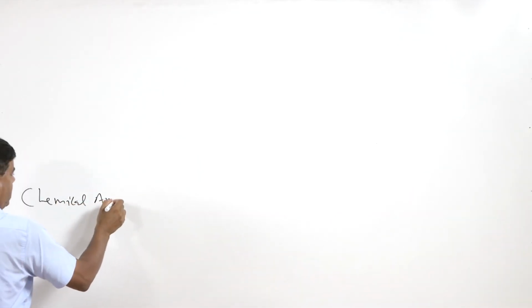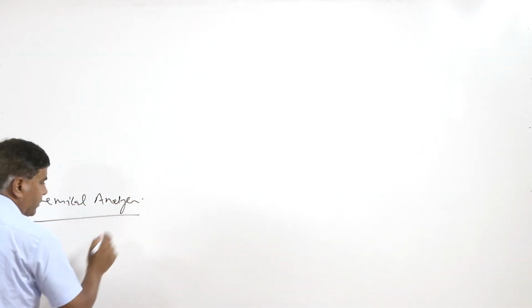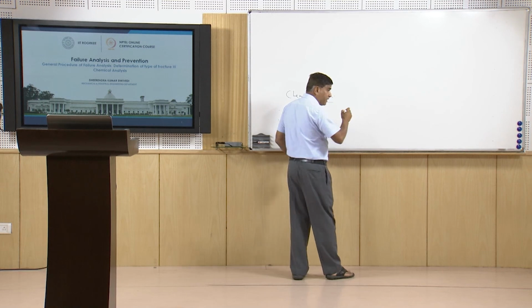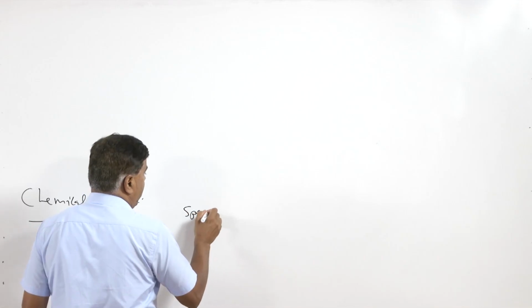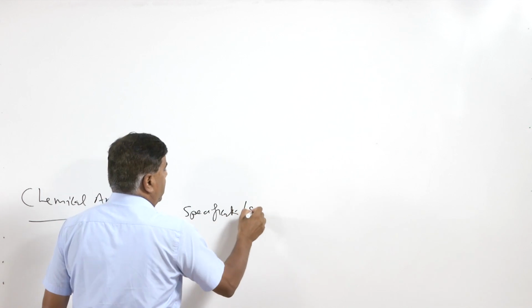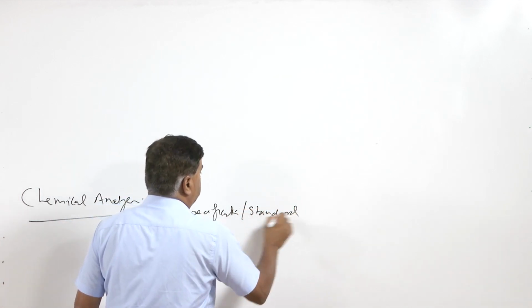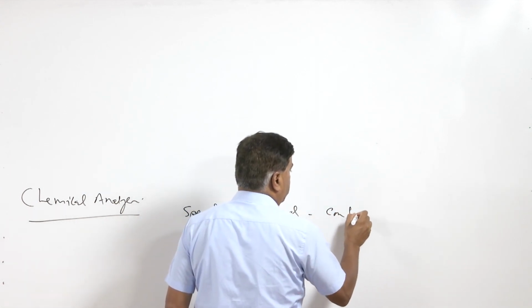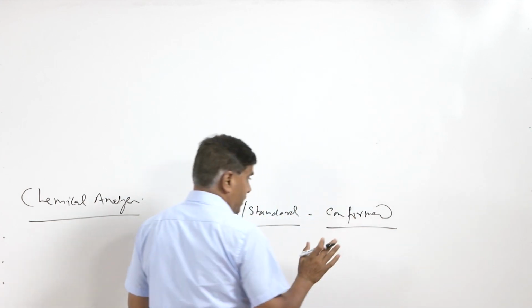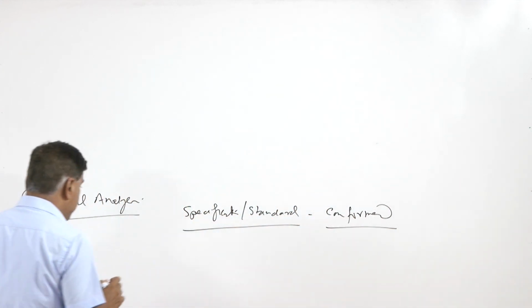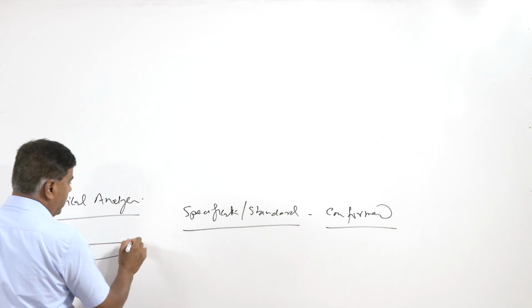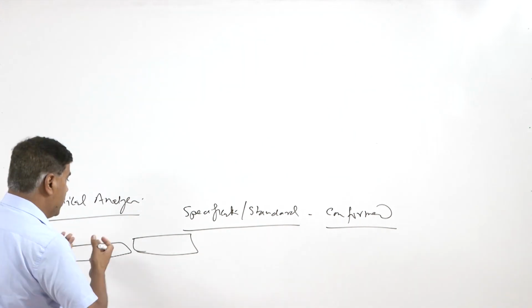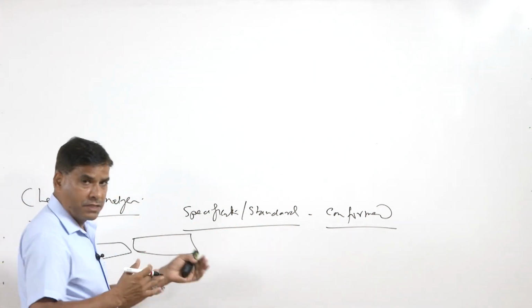Say the background information collected about the component says that it is made of a particular metal. If we have the specification or standard according to which the component should be made, that specification is to be confirmed through the chemical analysis. If this is the failed component and it was made of a particular material, we need to verify whether it was actually made of that material or whether there was some variability.